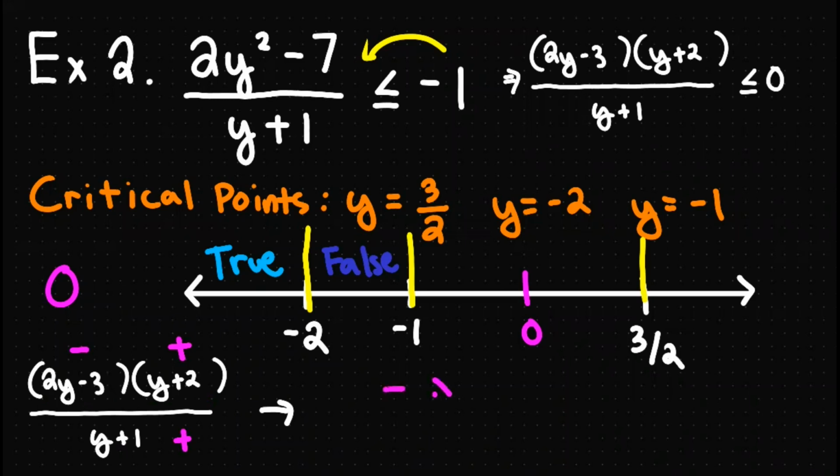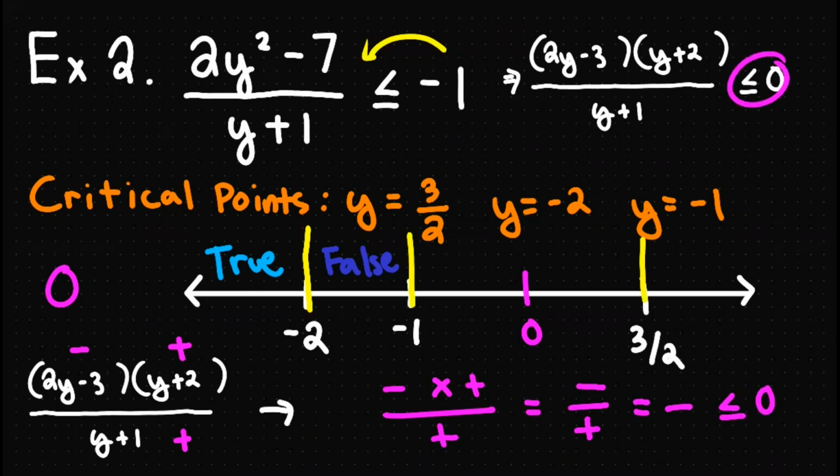So we've got negative times positive over positive, and that will give us a negative on the numerator and positive on the denominator. So negative over positive is negative, which is less than or equal to 0. So it satisfies our inequality. So we say that the region, this third region, is true.